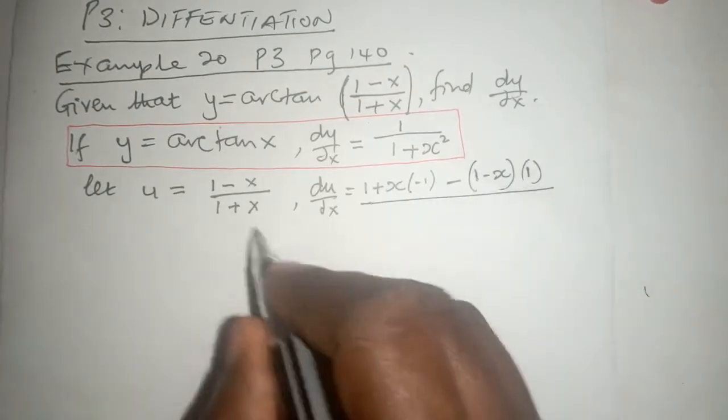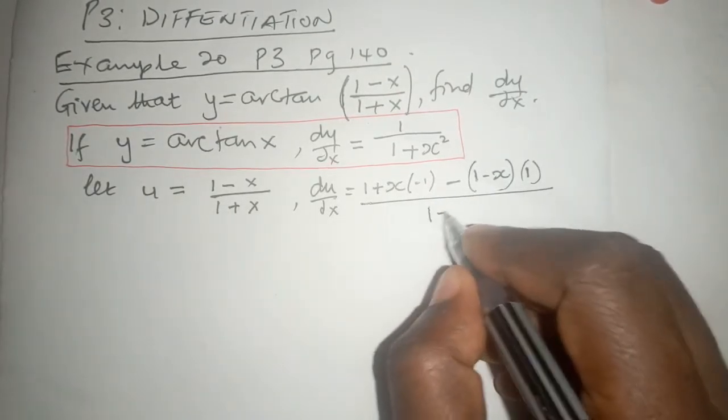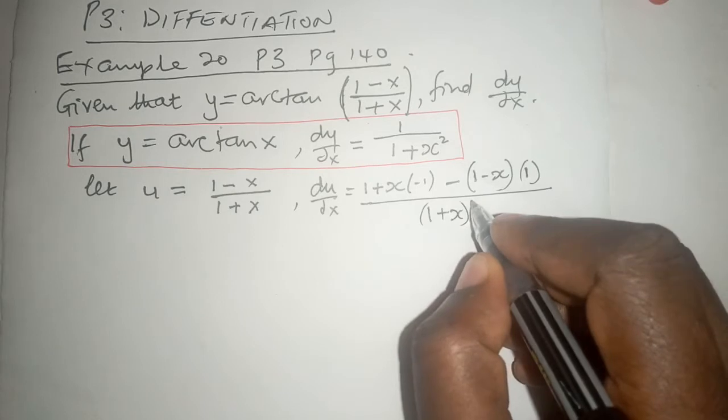All this is over the denominator, 1 plus x, squared.